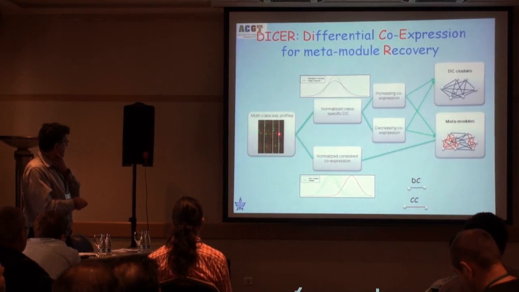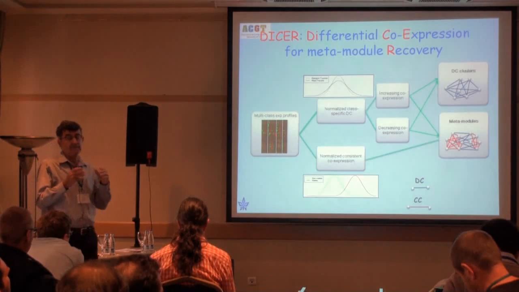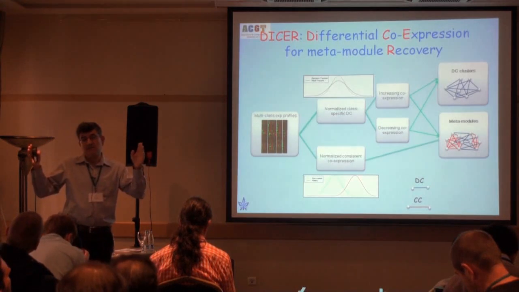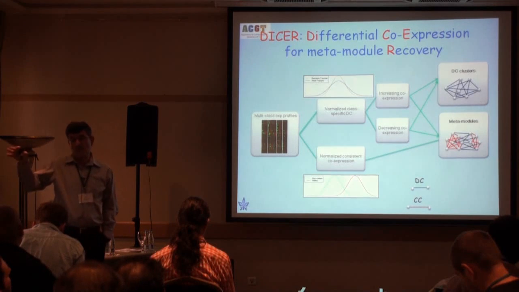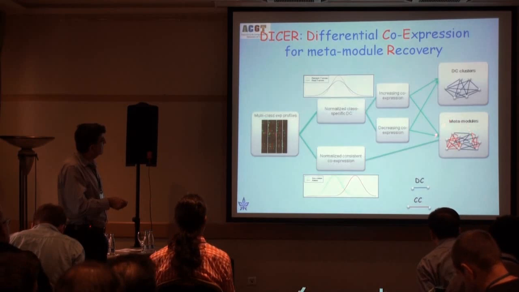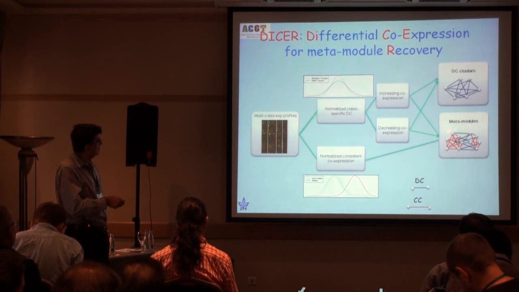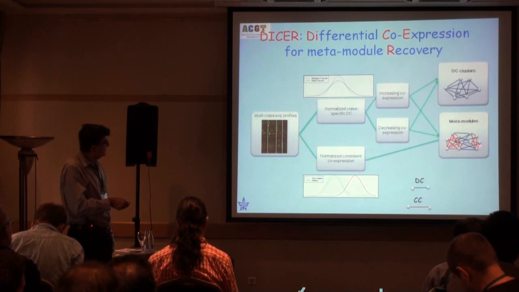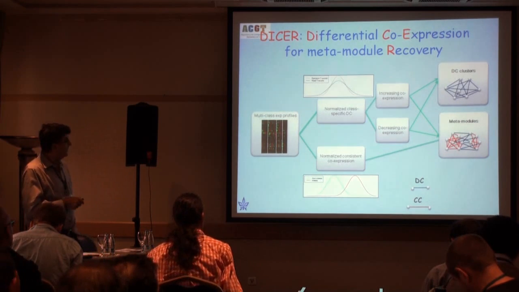We also look at consistent co-expression, namely the classical co-expression across all the conditions, and we will use the combination of the DC and the CC scores in order to compute metamodules, namely sets of genes that are consistently correlated within each set, but that are differentially correlated between them.